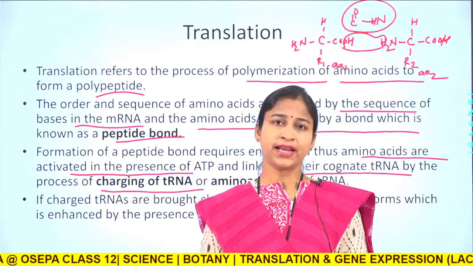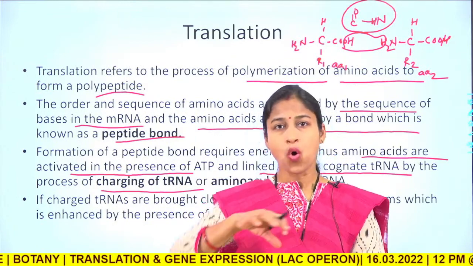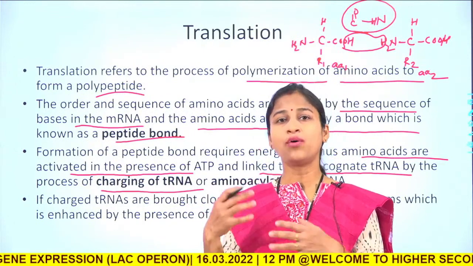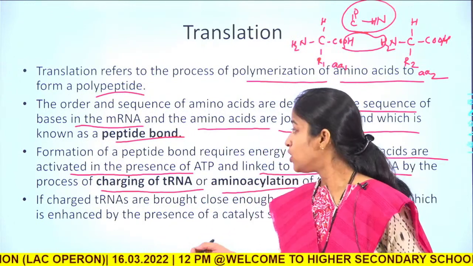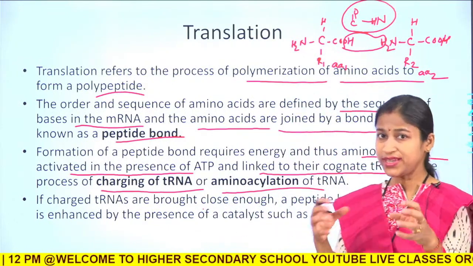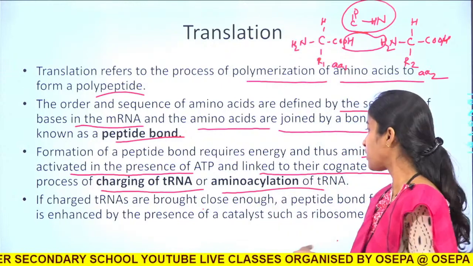The energy requirement is fulfilled by the activation of amino acid over the charging of tRNAs. I have already told you how an amino acid is activated. So, if charged tRNAs are brought close enough to each other, a peptide bond is formed between them.